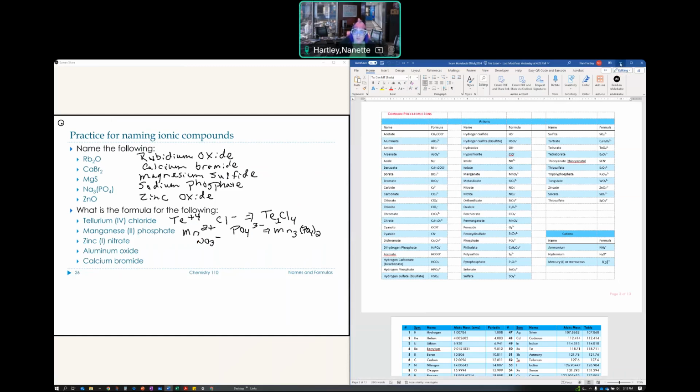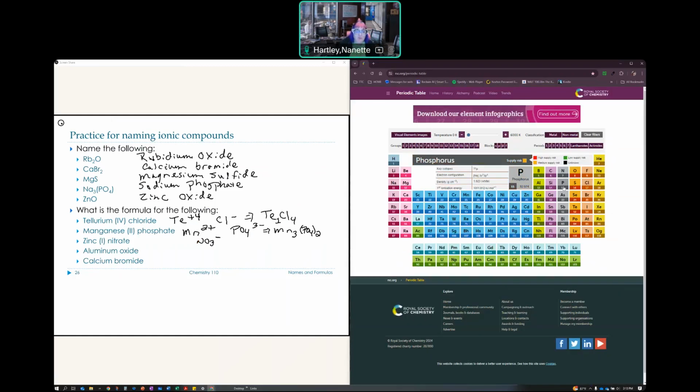Now I'm going to go back and look at my periodic table. I'm looking for zinc. Zinc, probably going to be in here. No, that's zirconium. Oh, zinc, Zn, and he's a plus 1. Because that's what that charge indicates.